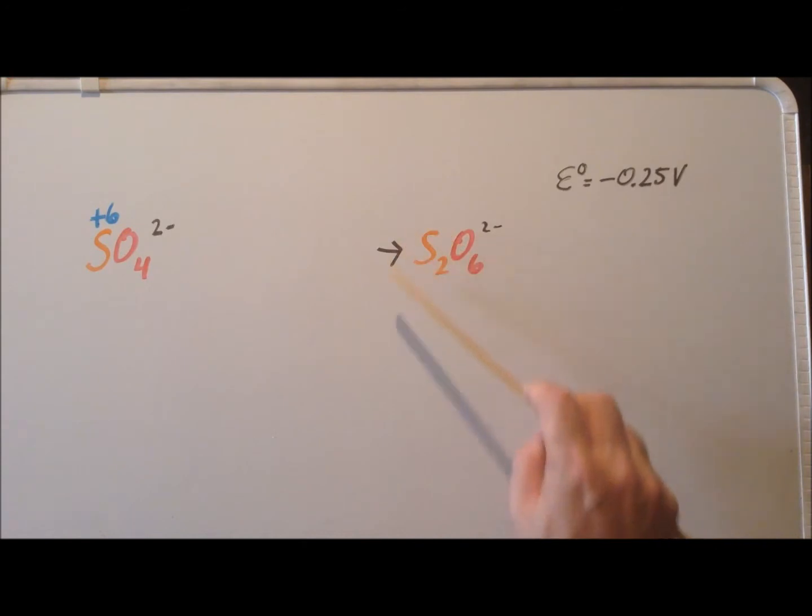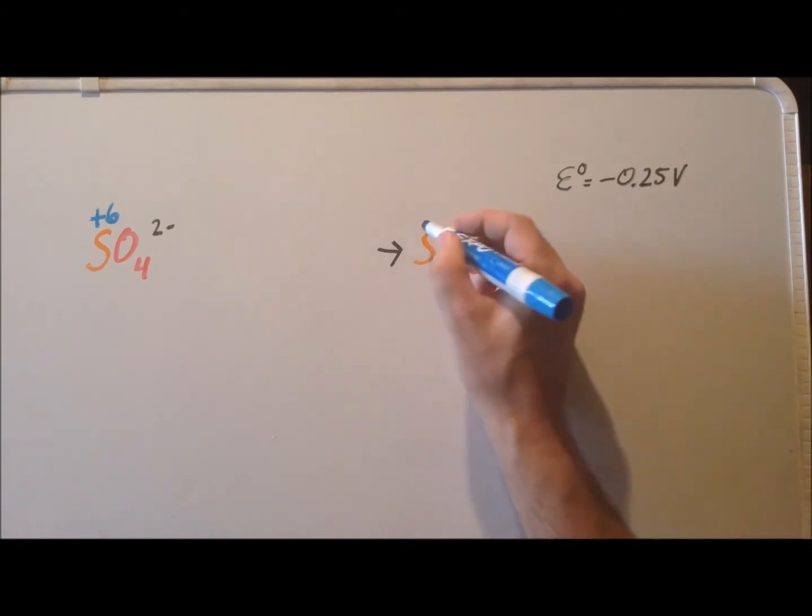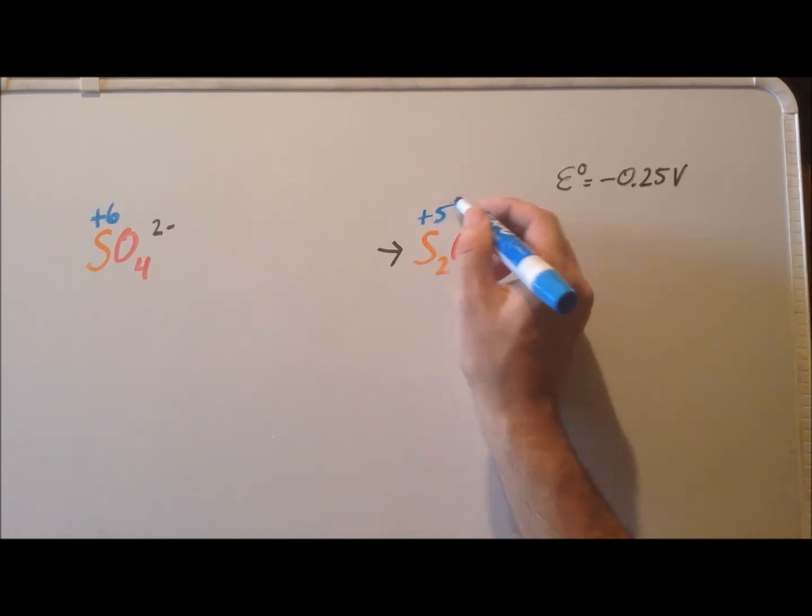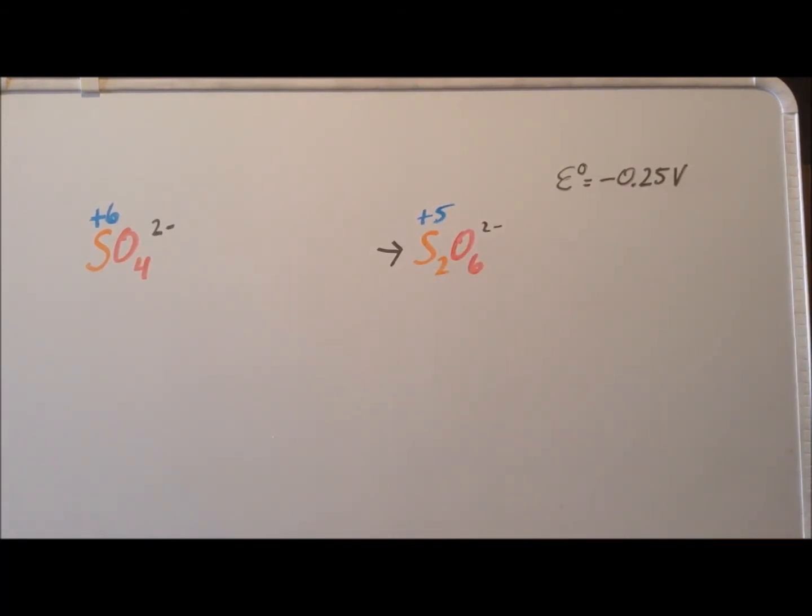And since the two sulfurs together count as 10, we can count each of them as plus 5. So one of the important features of this reaction is that sulfur goes from an oxidation number of plus 6 to an oxidation number of plus 5. It is reduced, which is what we expect.